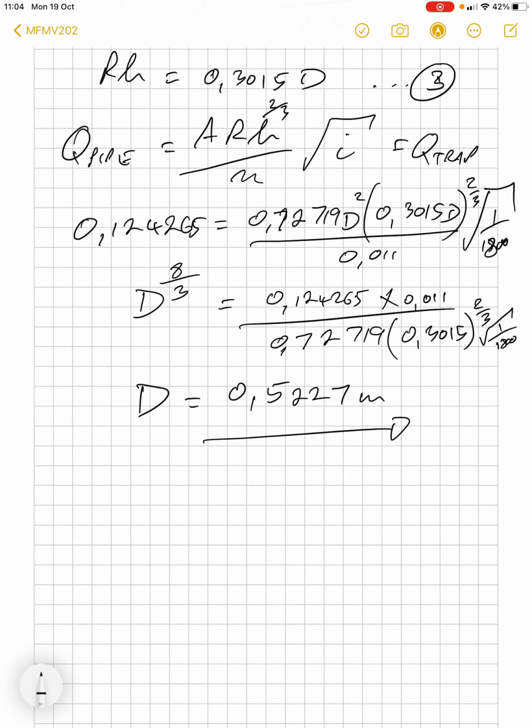So that is the diameter of the circular channel that would give us the same discharge as the trapezoidal channel.